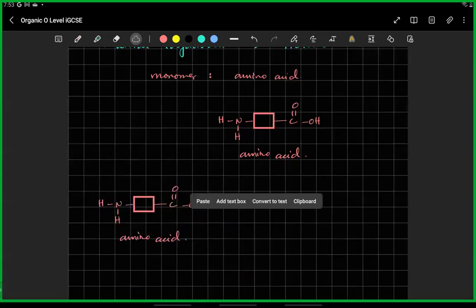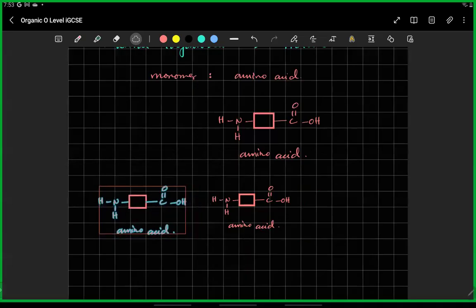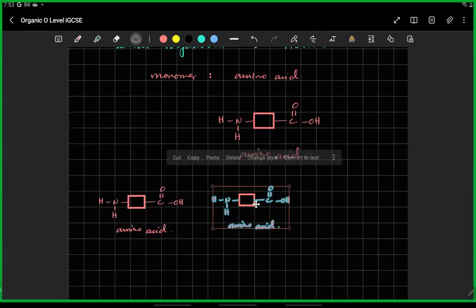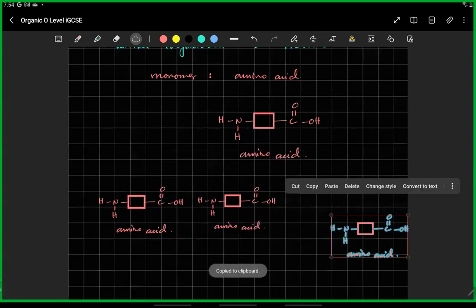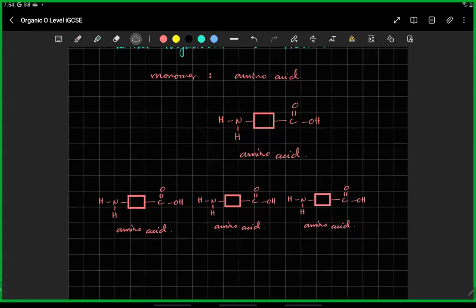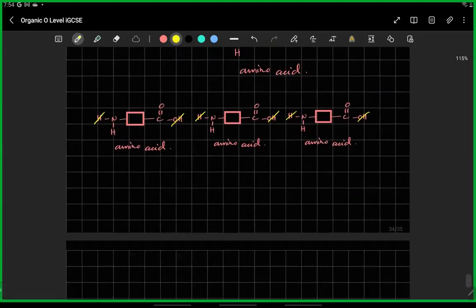So you have one amino acid, you've got another amino acid, एक तीसरा भी बीच में फिट कर देते हैं इसको. अच्छा, and let's say you have a third amino acid. तो वही होगा, OH और H रिमूव हो जाएगा, and all of them they will link up.